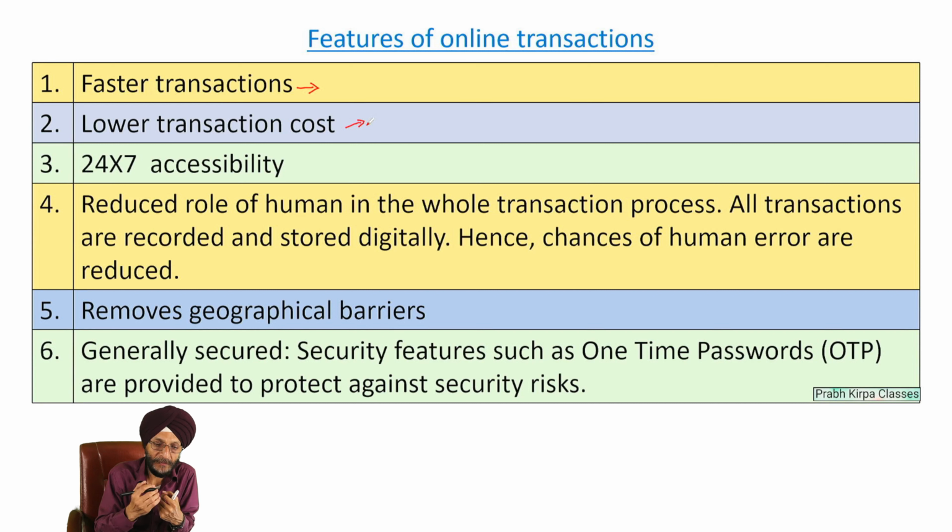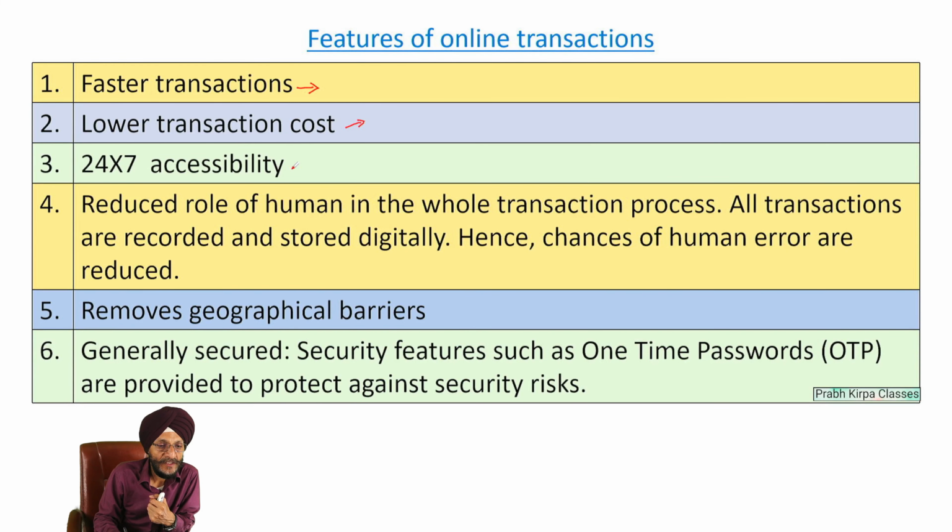One method may be we go to his home and make the payment, which will involve time spending, and also we will have to go to the other person by means of some transport. It will involve cost. But in the case of online transaction, the transaction cost is lower because you already have an internet connection, and only some minor charges may be levied for the online transaction.